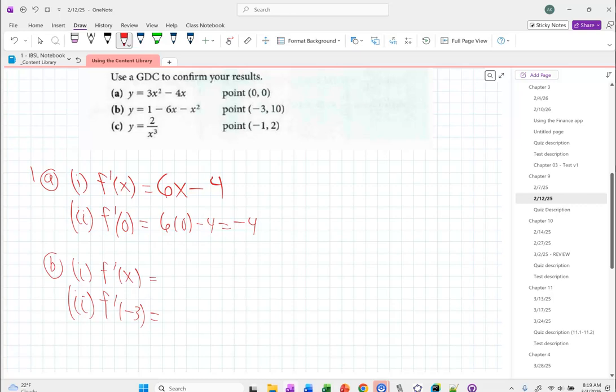Okay. Who's got the derivative here for us? The derivative of 1 minus 6x minus x squared. What is that?